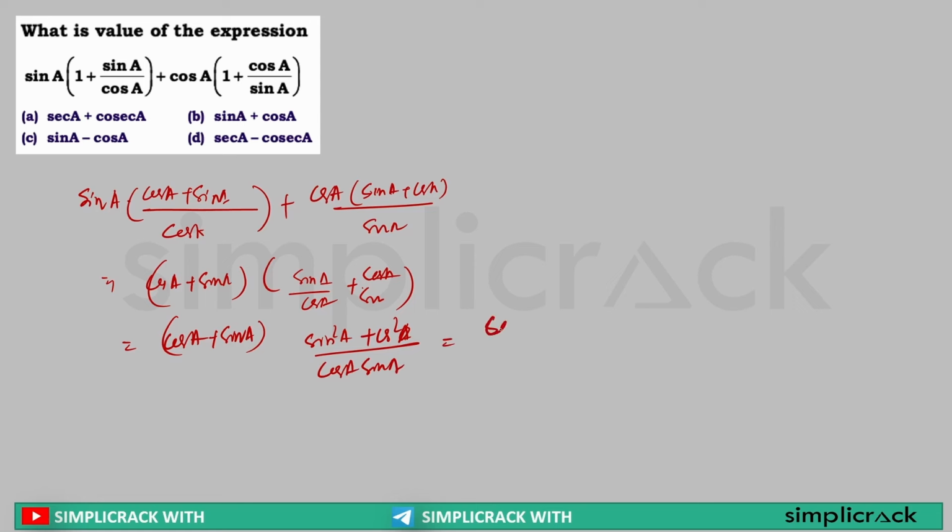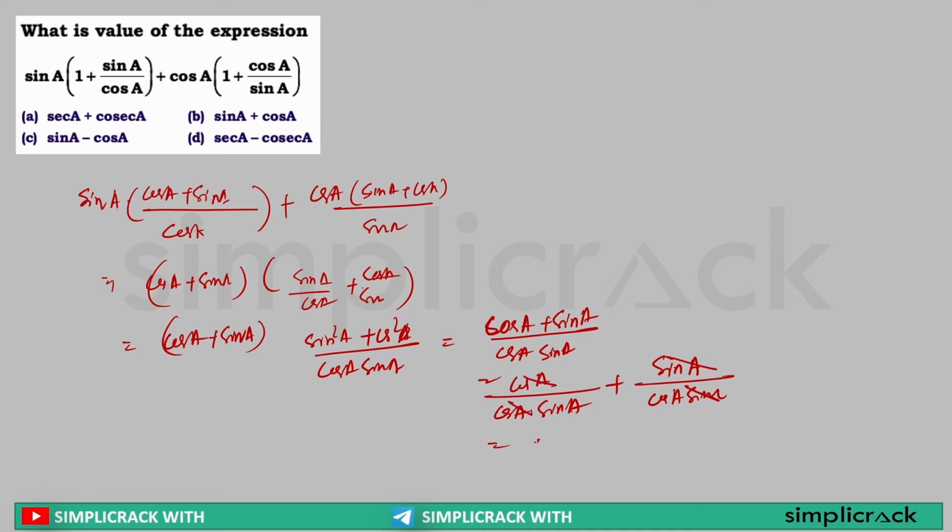So the whole thing is cos A plus sin A divided by cos A into sin A, or here it will be cos A by cos A into sin A plus sin A by cos A into sin A. Sin A crossed out, cos A crossed out. 1 by sin A is equal to cosec A. 1 by cos A is equal to sec A. Answer option A, sec A plus cosec A.